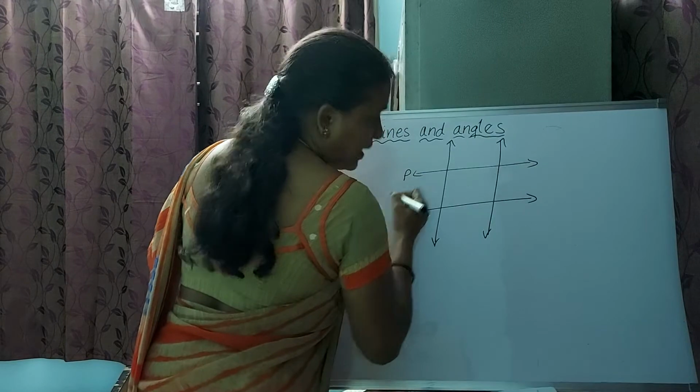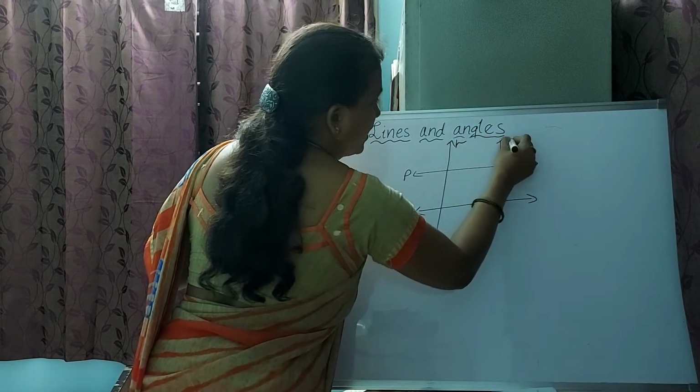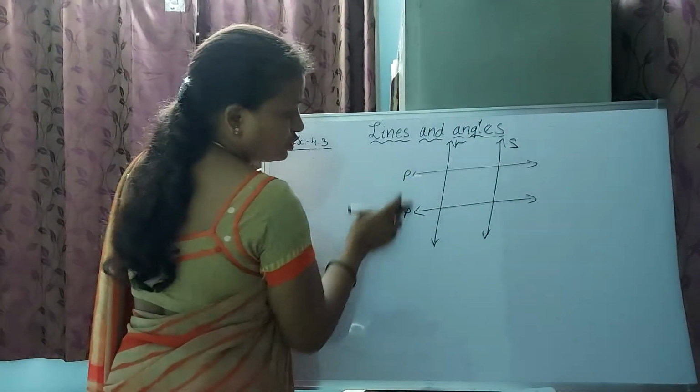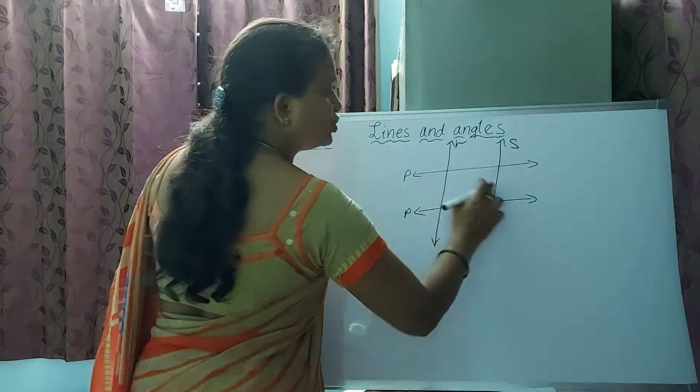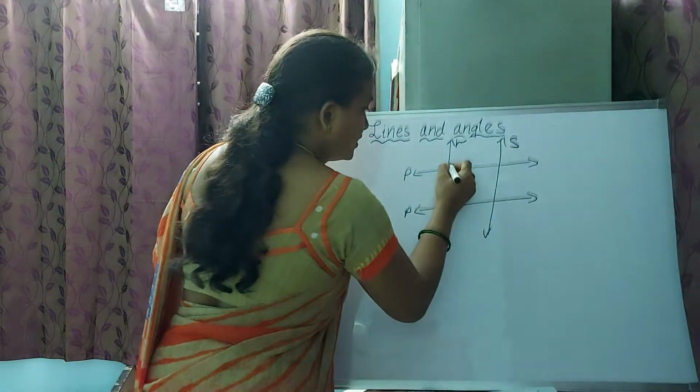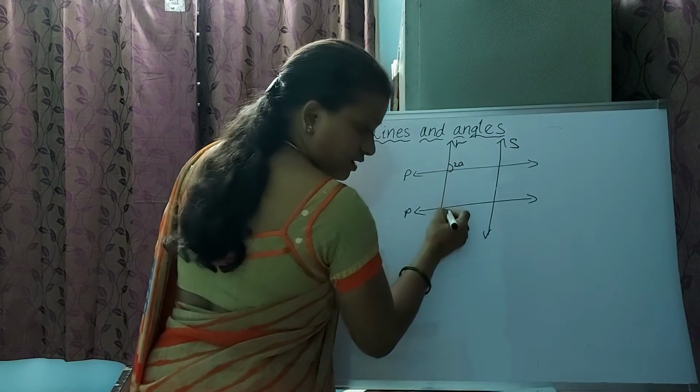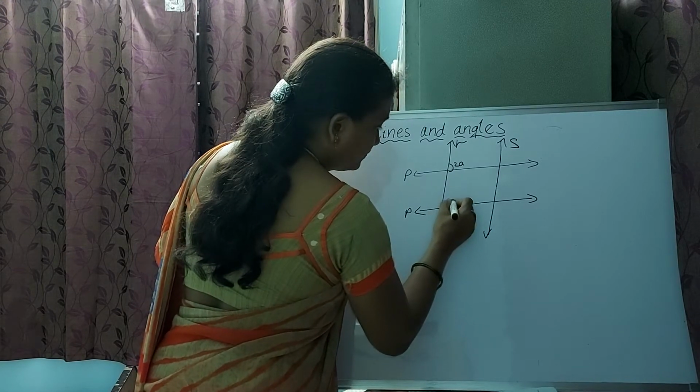R is parallel to S. These two are parallel to each other and these two are also parallel to each other. Here 2A, here 80.